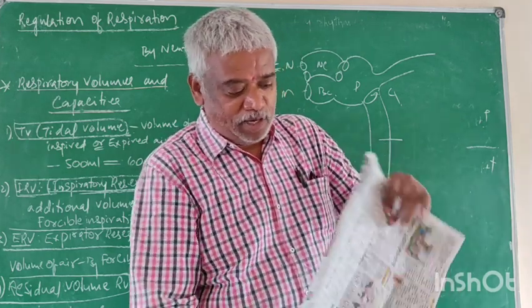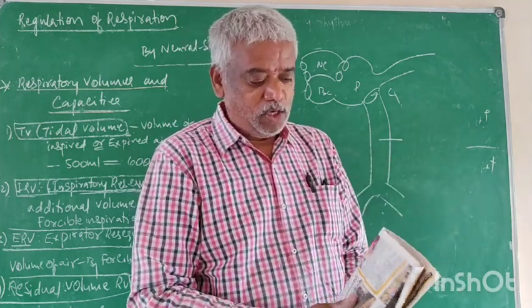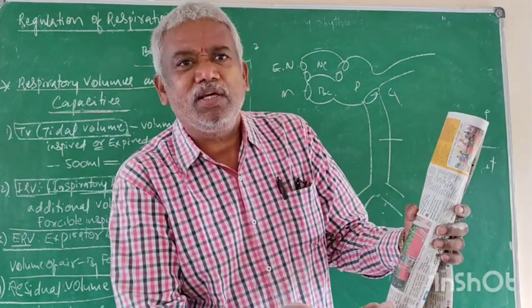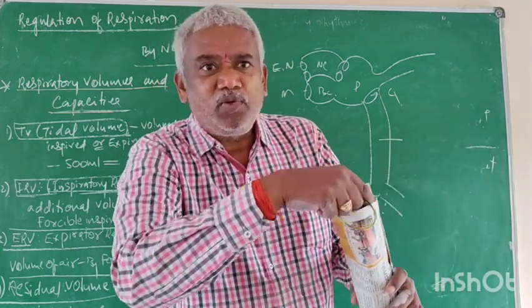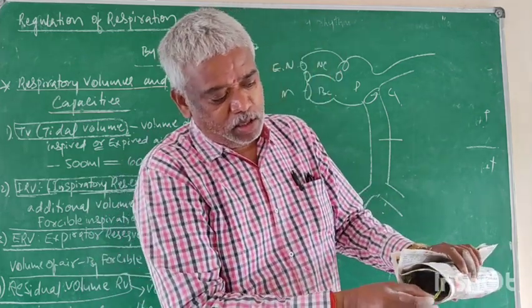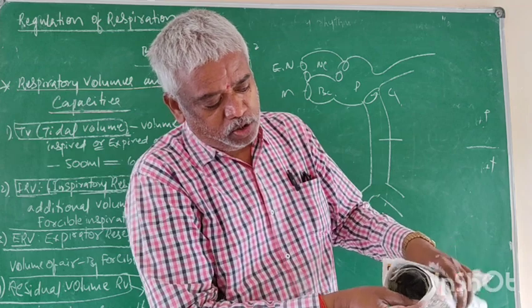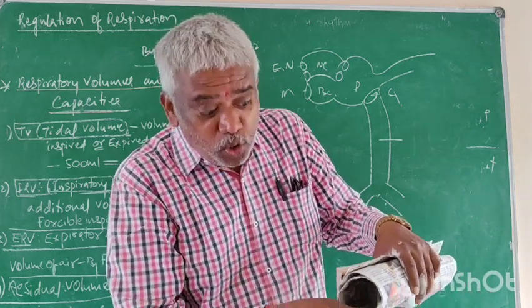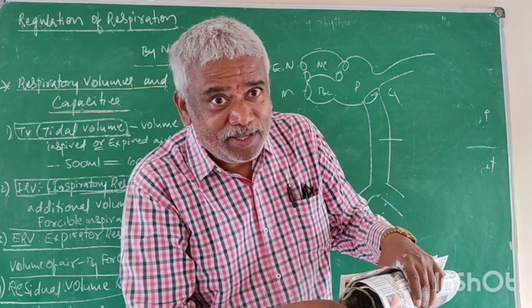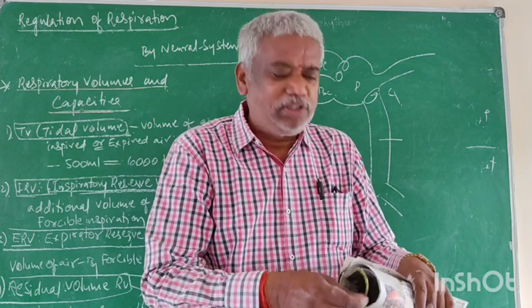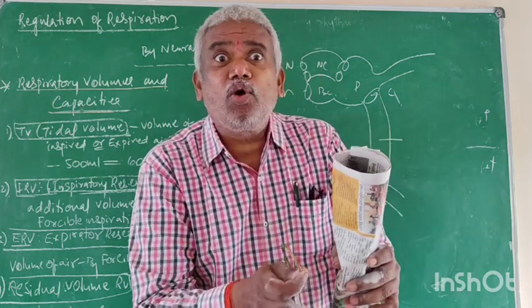See, it is the trachea. A tube, and inside this tube there is a cavity, isn't there? In this cavity, these are the rings, cartilaginous rings. Due to the presence of rings, that trachea never collapses.